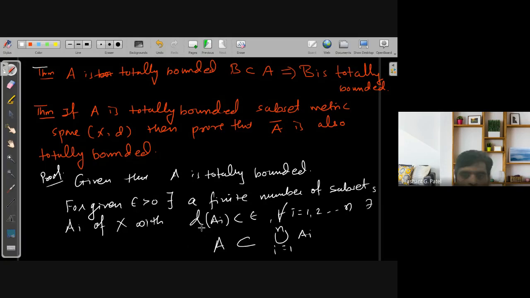Now we have already proved that if A is a subset of B, then A bar is a subset of B bar, which we did in a previous lecture.